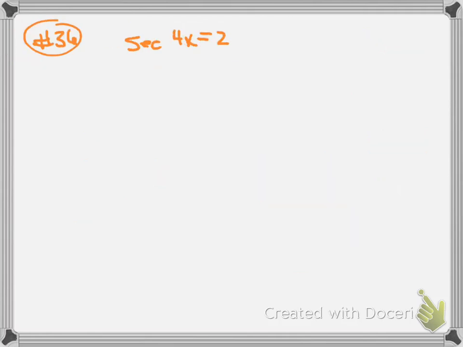Alright, 36. We're kind of working our way backwards, but now here's the first multiple angle problem we'll have. Because I have a 4x right there, I know I'm going to get lots more angles. Actually, I'm going to get 4 times as many angles. So we can jump into this. Instead of secant, let's change that to cosine. If I take the reciprocal of the secant, I do have to take the reciprocal of the other side.